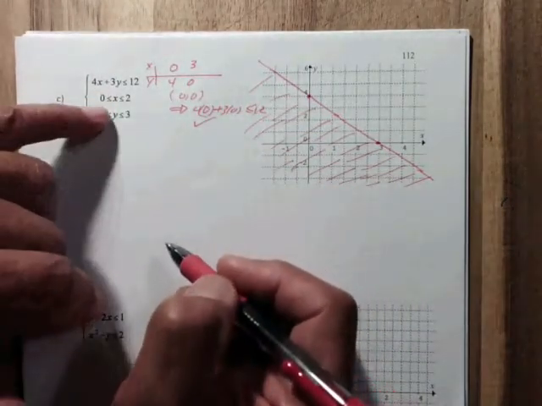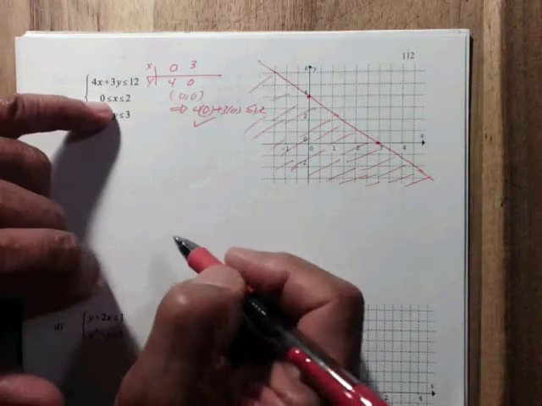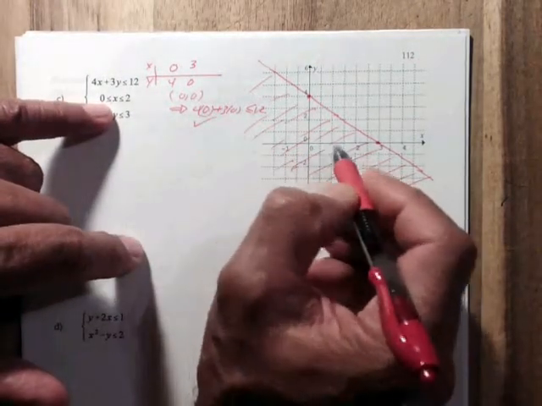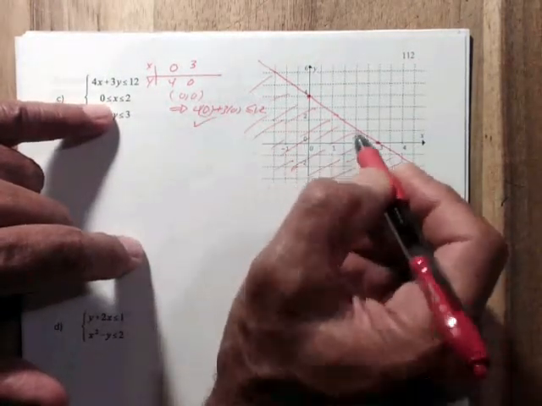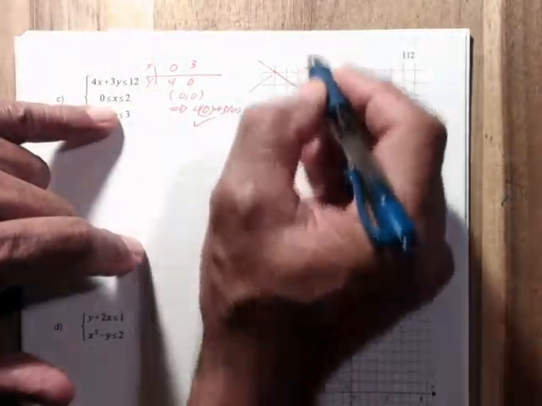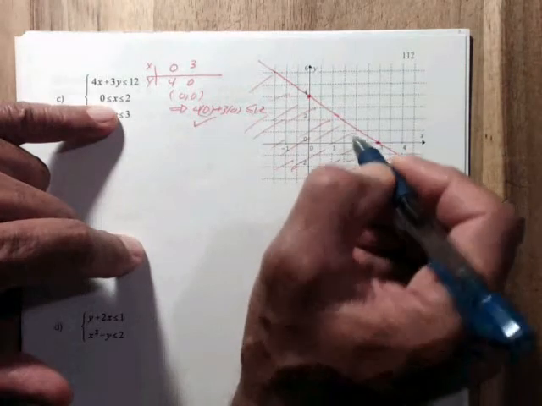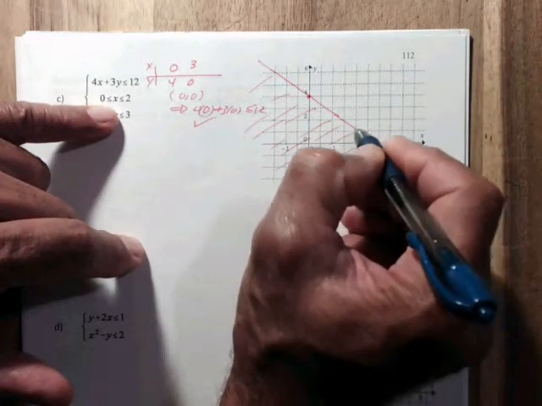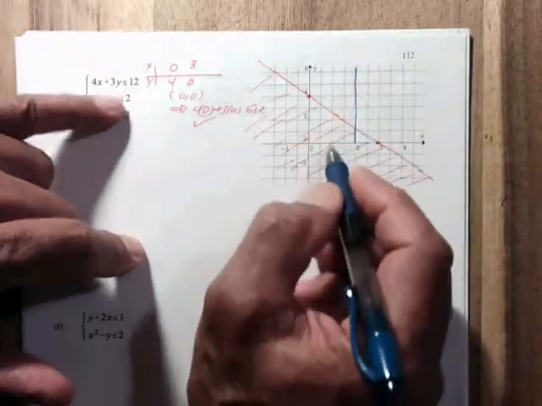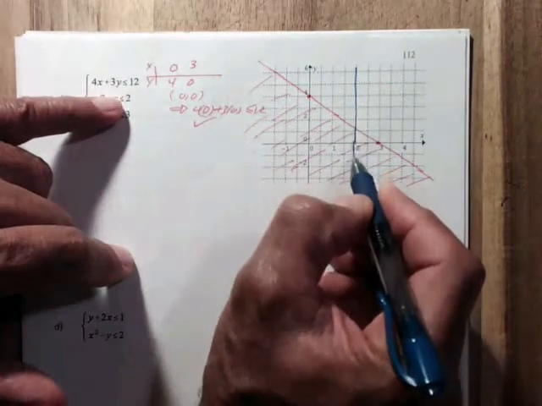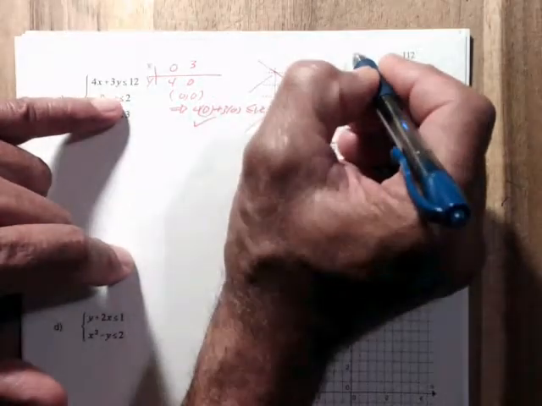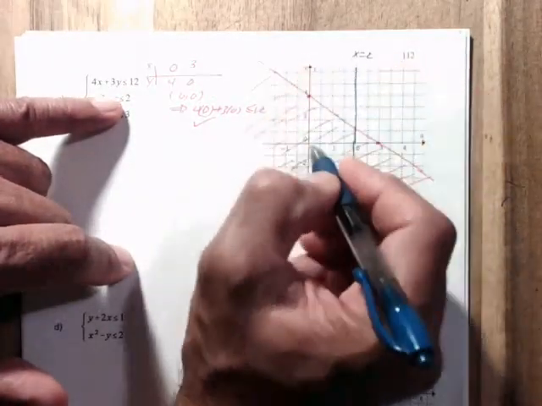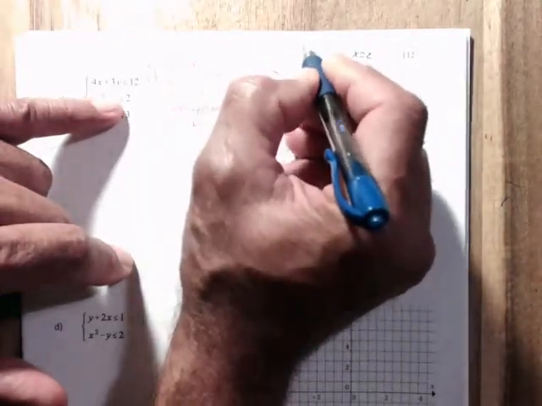and then x between 0 and 2, between 0 and 2 means this is 0, this is 2. You draw a vertical line at x equal to 0 and x equal to 2, like this. Solid because you have equality. This is x equal to 2 and this is x equal to 0.